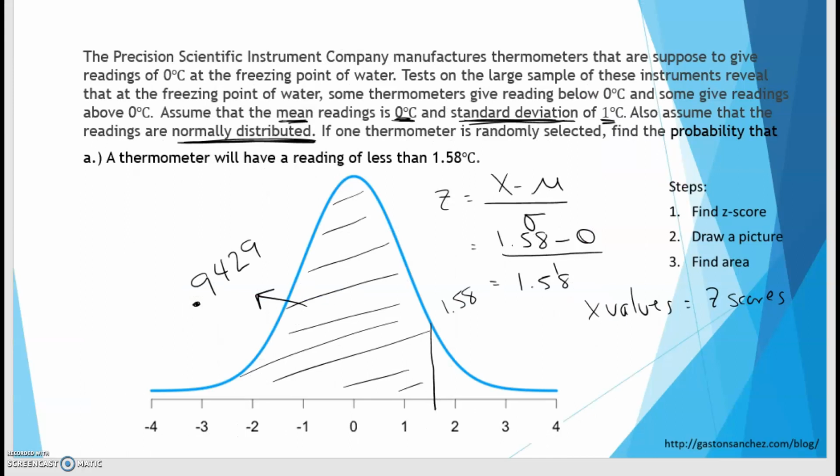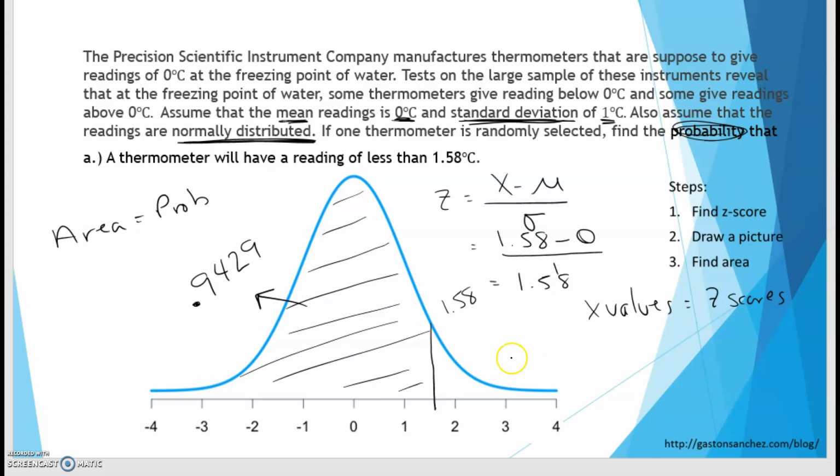So we said that's the area to the left. But remember, since we are in a normal distribution, that's going to be continuous. So therefore, area is equal to probability, and that's what we're looking for. It says find the probability that the thermometer will have a reading of less than 1.58.